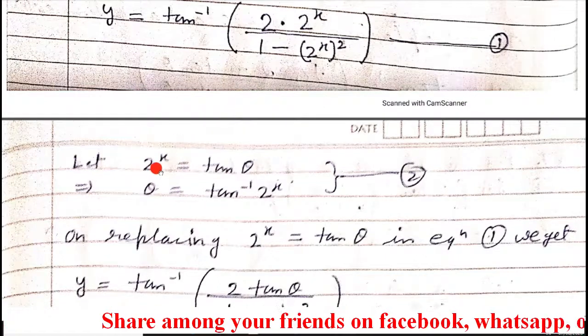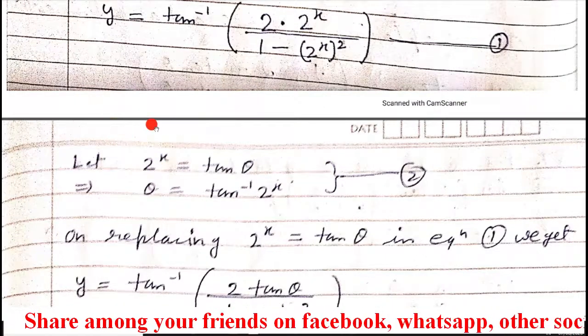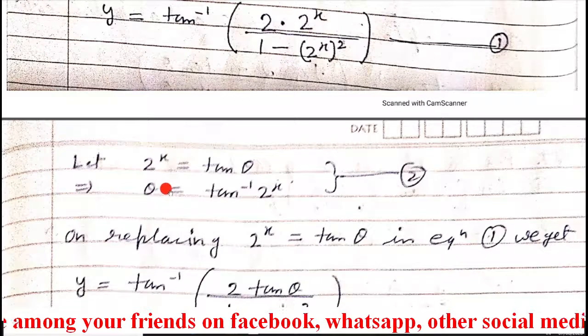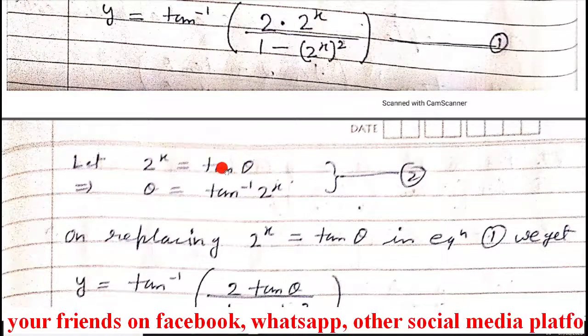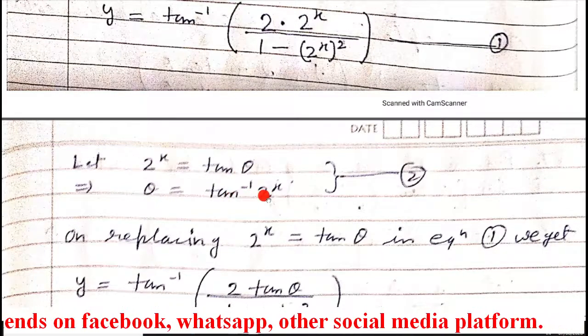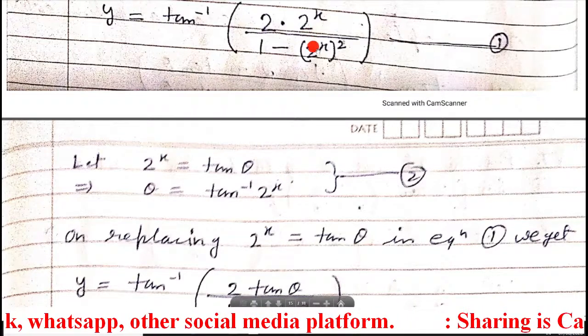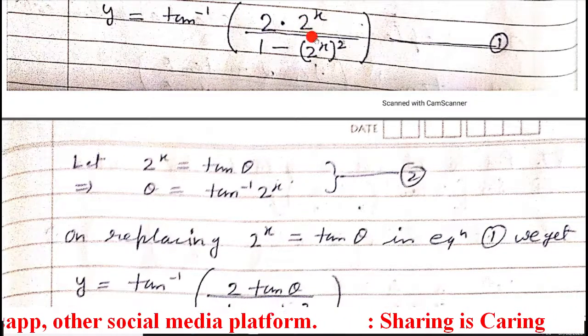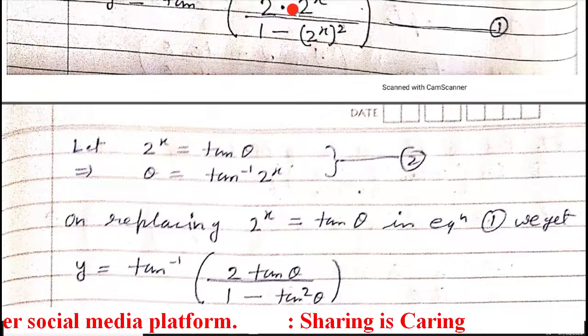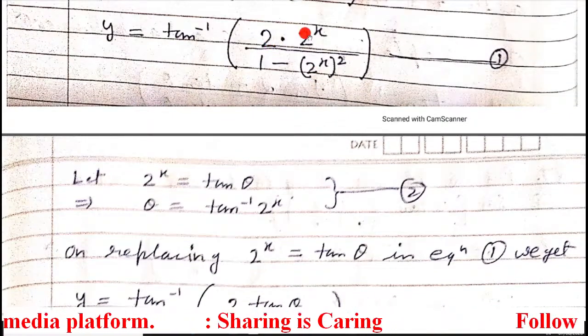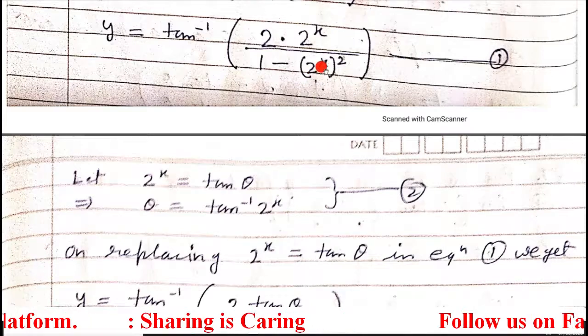Now we will assume 2 to the power x as tan theta. From here, if you want theta, this tan will come here, so it's going to be tan inverse of 2 to the power x. Now we'll replace, wherever 2 to the power x is there in the equation, first we'll replace it by tan theta. So after replacement, what will come here? 2 tan theta, and here it will come tan square theta.